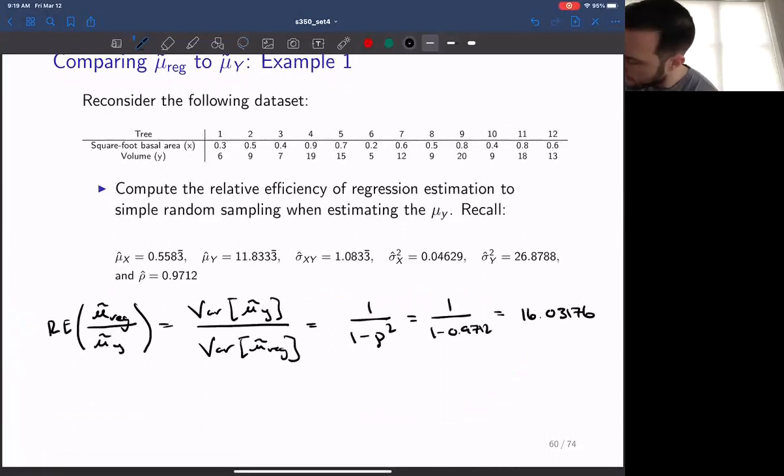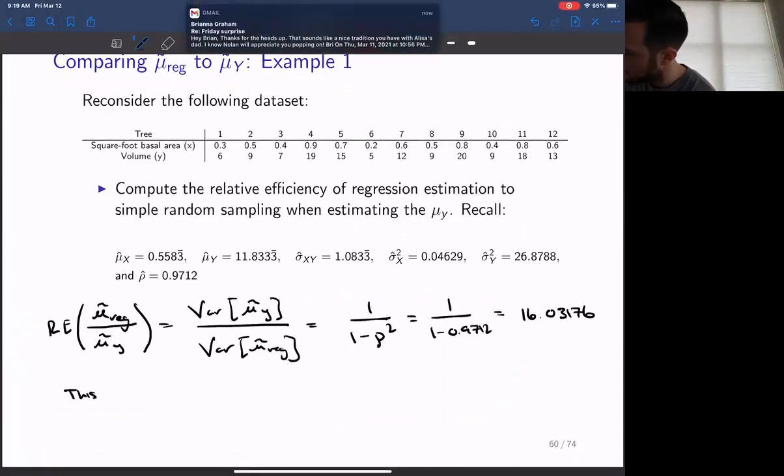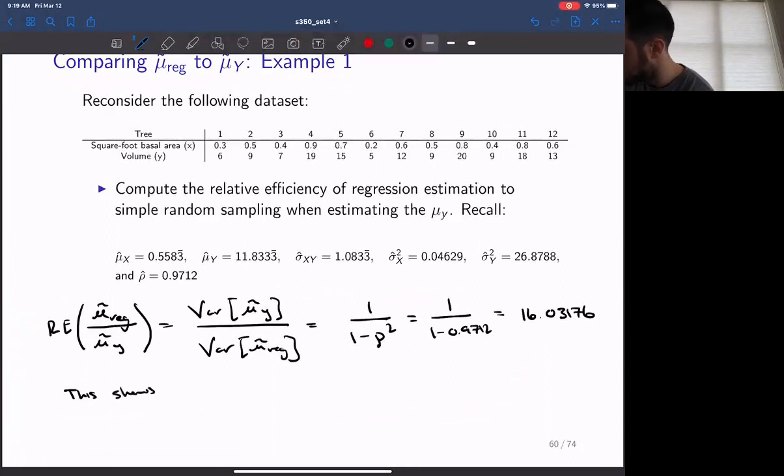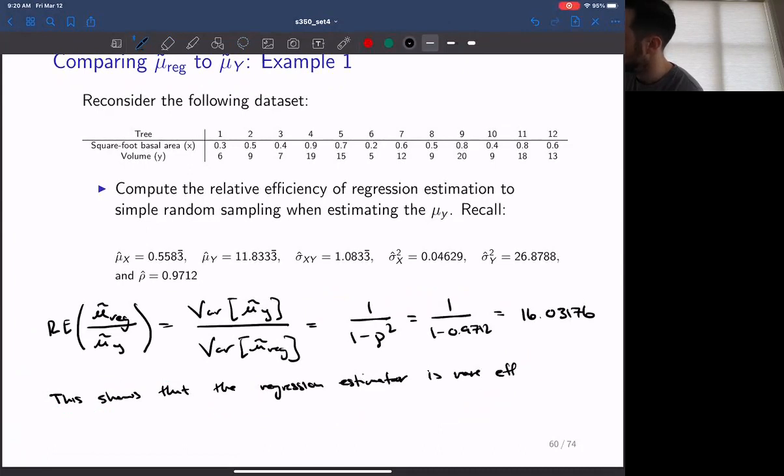So we can see here again, this shows that the regression estimator is more efficient than the SRS estimator.